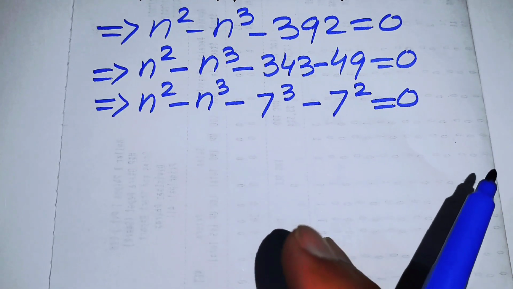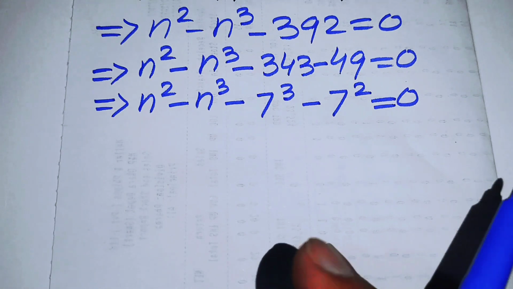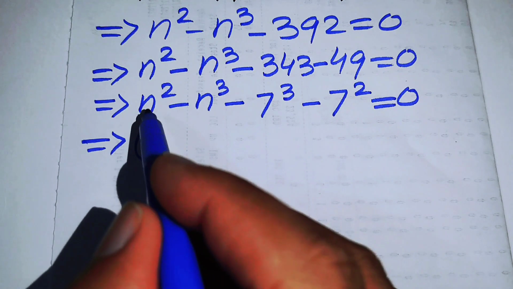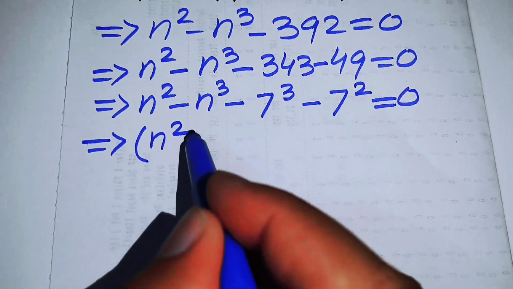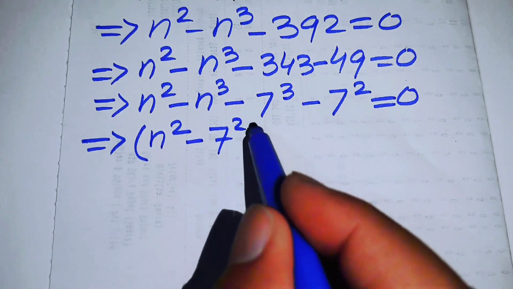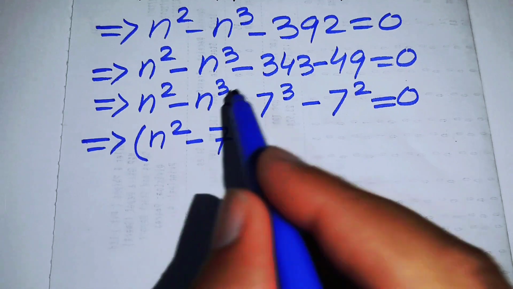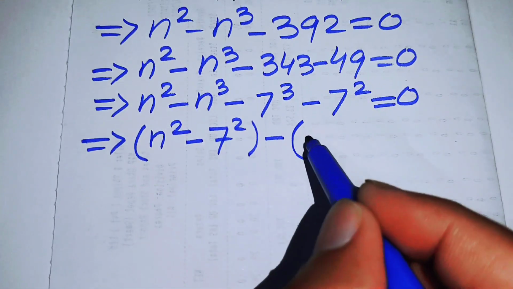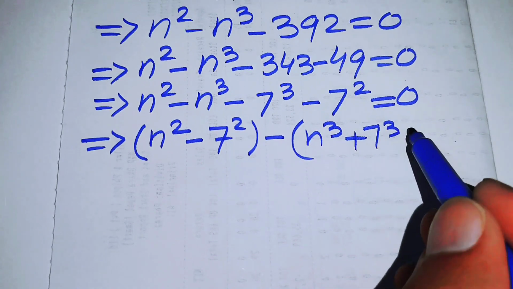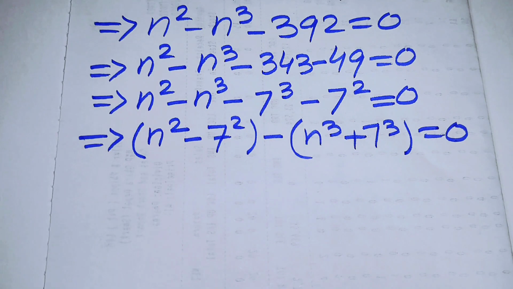After this step I can make the pairs of cubic terms and square terms, so first the square terms: here you have n squared minus 7 squared, so I can combine these two terms, and here you can take a common minus sign from these two cubic terms, and you get n cubed plus 7 cubed, and this whole equation is equal to 0.